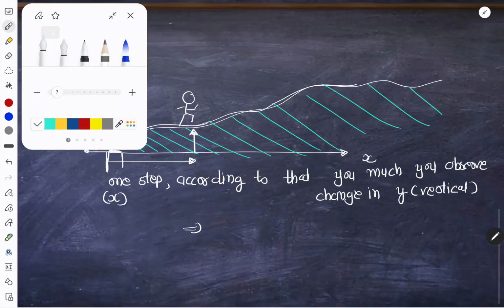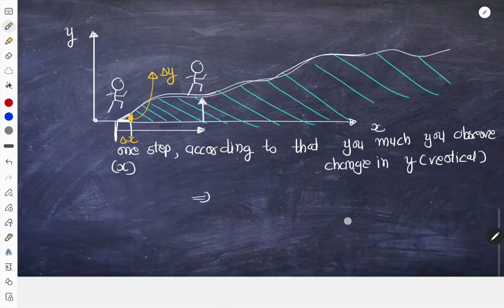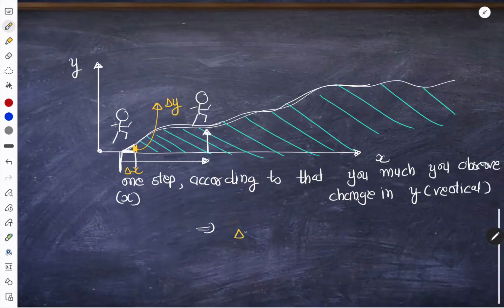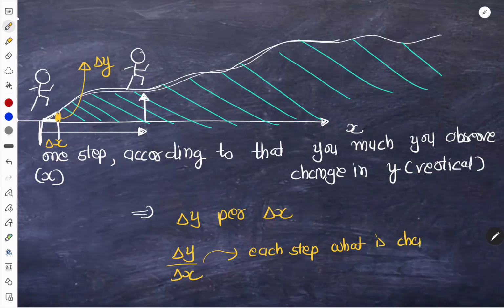If I call this small step delta x, and I get this small step delta y, that is called delta y per delta x. That gives you an idea of the change in y for each step.